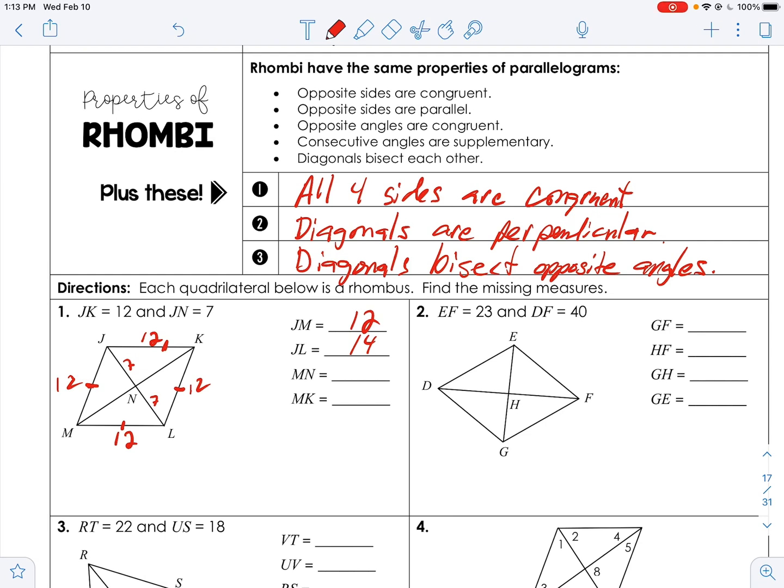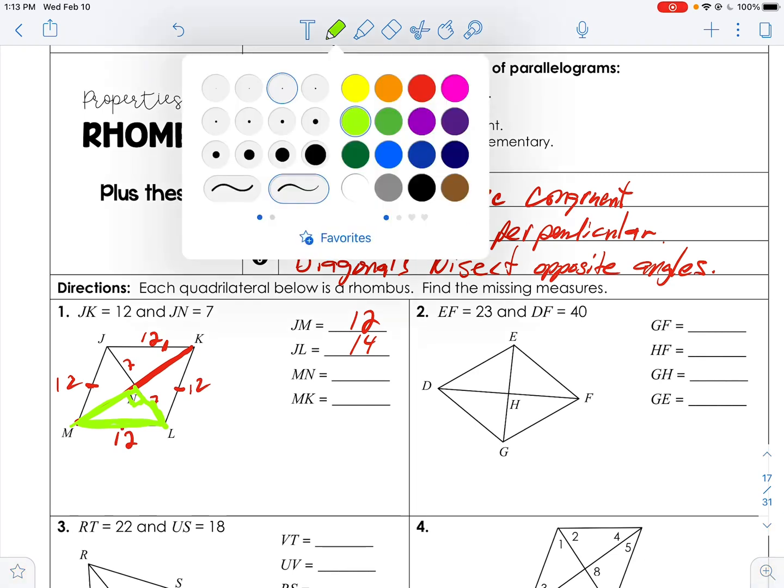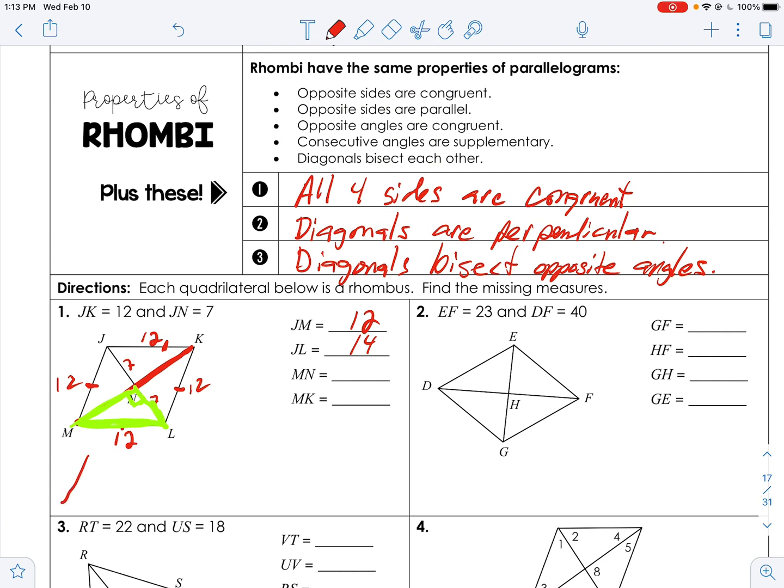Now, what we can do is figure out the total length of MK, this piece right here. We can get half of it by doing just this piece, because we know that these are at 90, and if we do this triangle, we can do a squared plus b squared equals c squared.